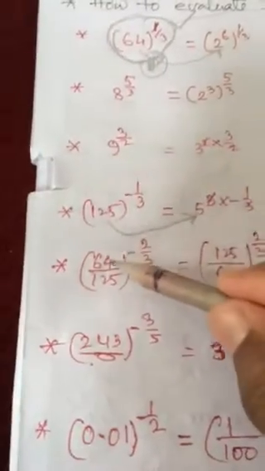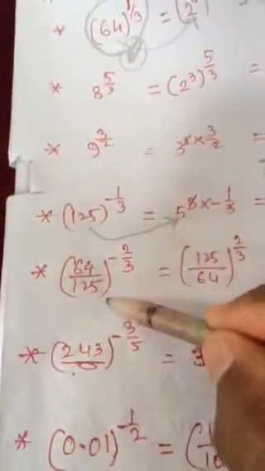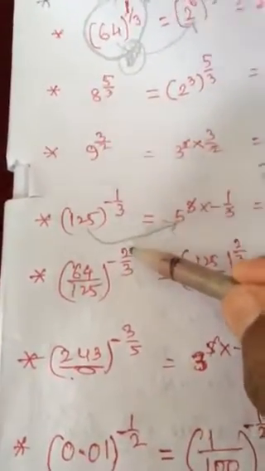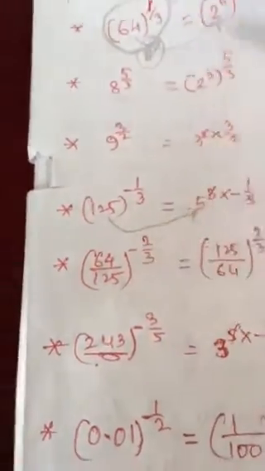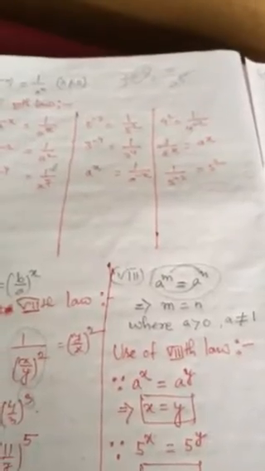Now 64 by 125 to the power minus 2 by 3. So here one law I taught you, that is law number 7.